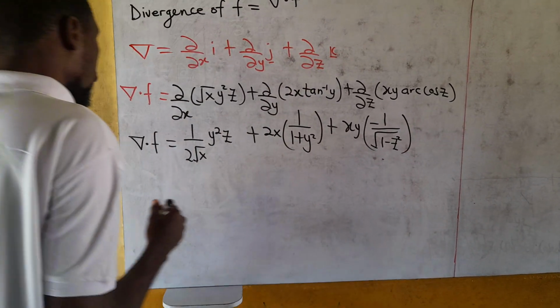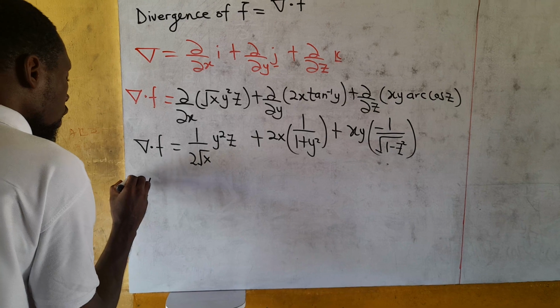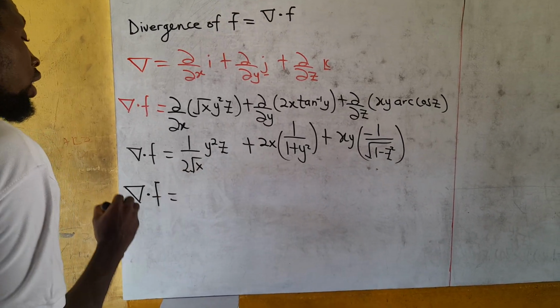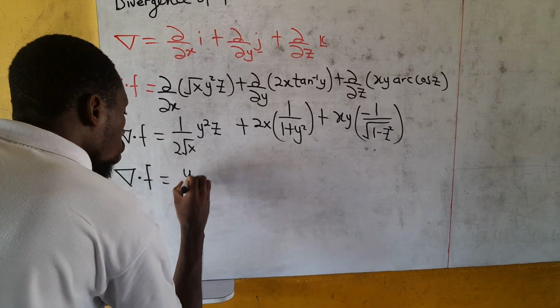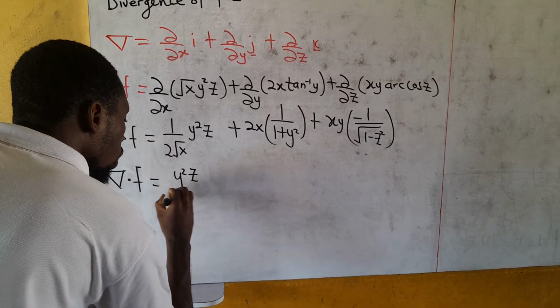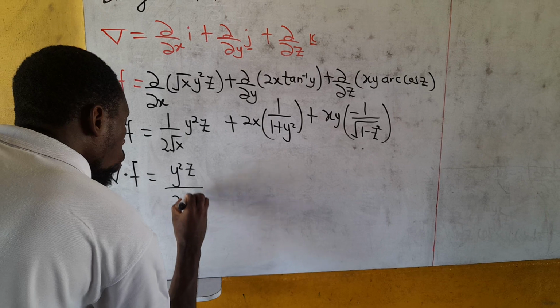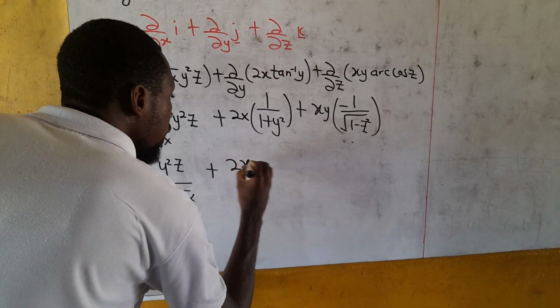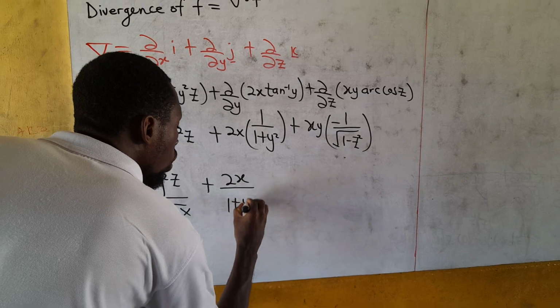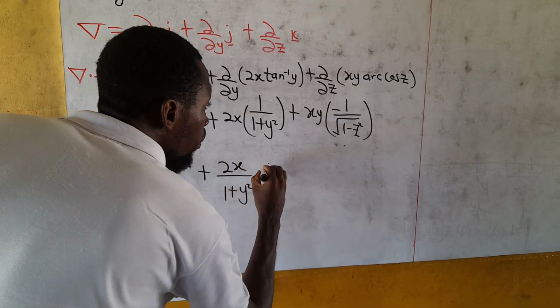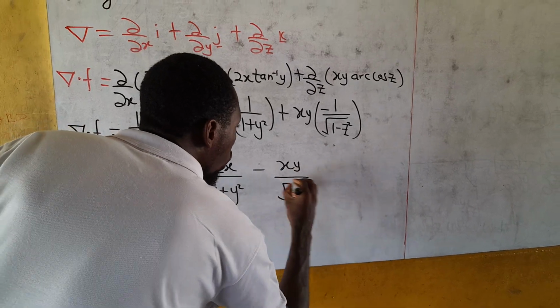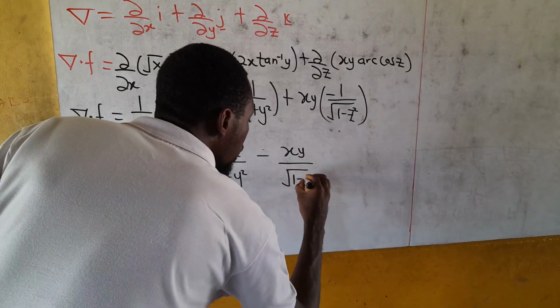So, after polishing, we say that the differential operator dot f, or the divergence, will be equal to y squared z all over 2 root x, then plus 2x over 1 plus y squared, then minus xy over the square root of 1 minus z squared.